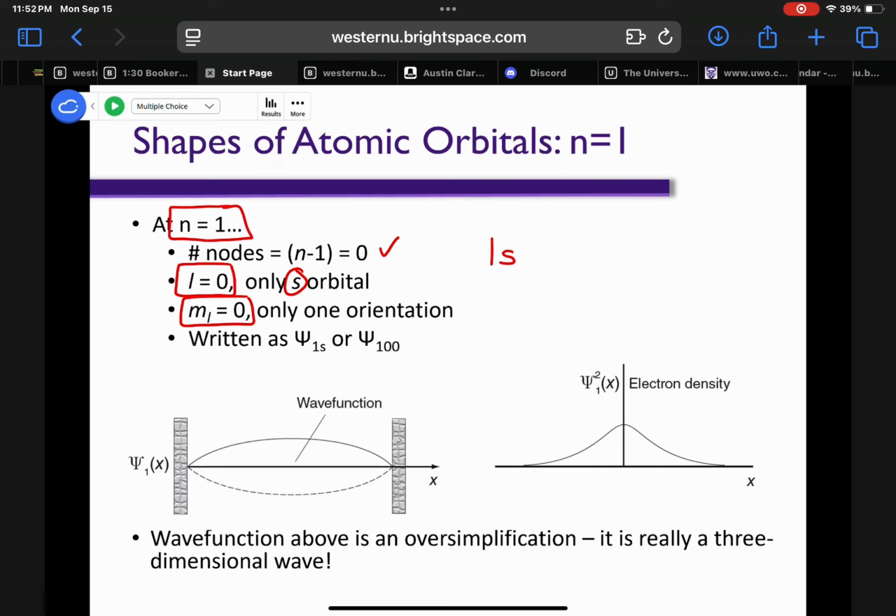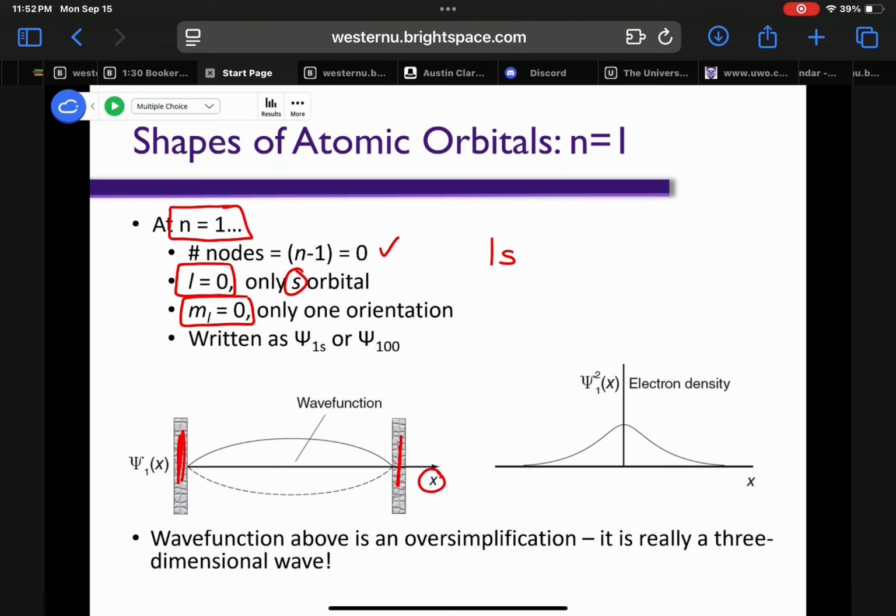We can compare this to looking at this standing wave. When it's anchored here and anchored here, we can see it has no nodes. We don't count the anchors as nodes. Wave functions exist in 3 dimensions, x, y, z. In your workbooks, we're only drawing it in x when we're talking about the wave functions, just so that we can keep it nice and simple.